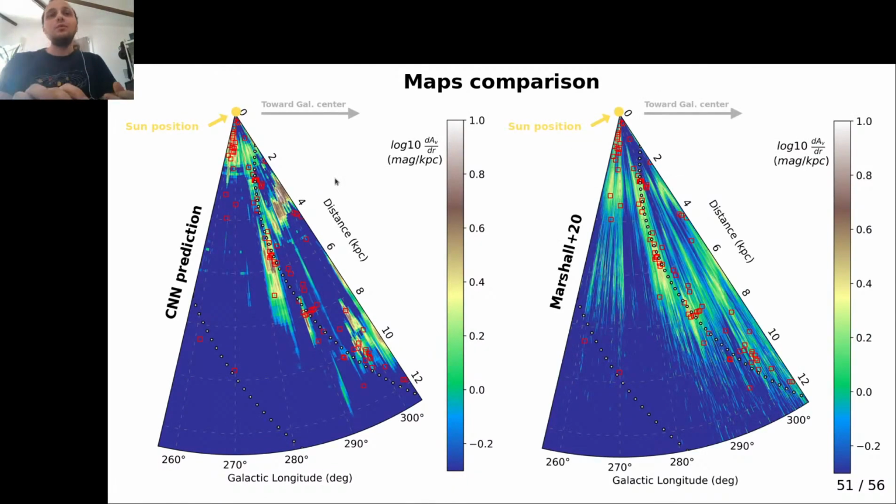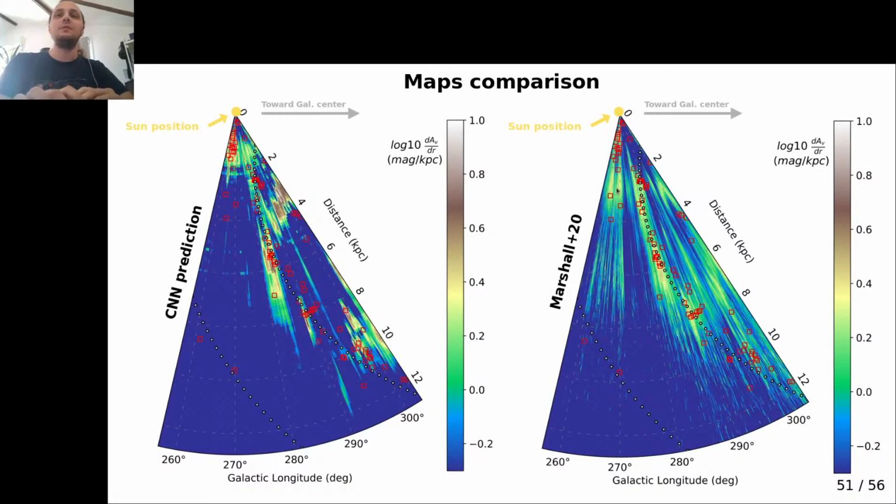So now obviously we want to compare this prediction with other maps, and the only other map for which we can compare up to these distances is the map from Marshall 2020. And you can see that while we are in great agreement for some parts of the map, especially for the first parts of the Carina arm, the Marshall map is missing all those structures we have at high distances, and it is also much more noisy than our own prediction.